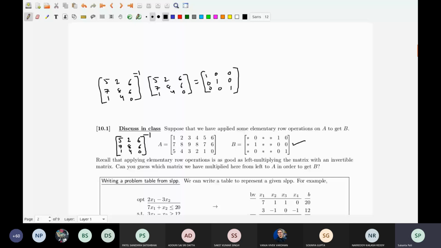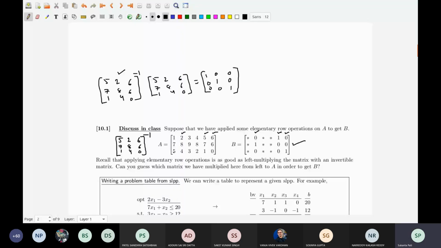That is precisely what has happened when I converted A to B. The 571 column has been converted to 100 by multiplication with some invertible matrix, the column 284 has been converted to 010, and the column 660 has been converted to 001. So I must have multiplied A with this matrix. It is an invertible matrix. Remember this one.